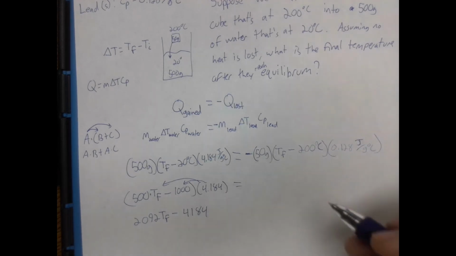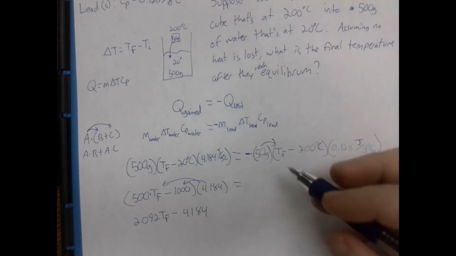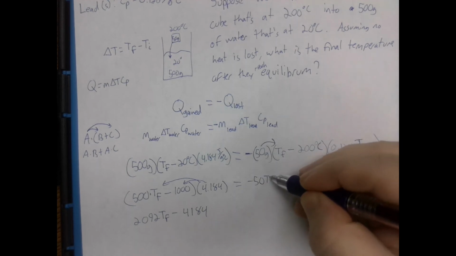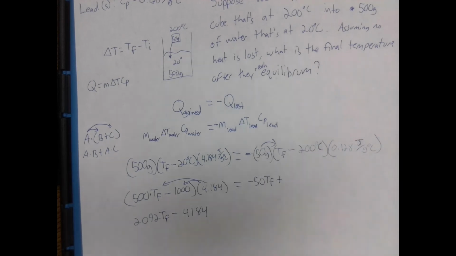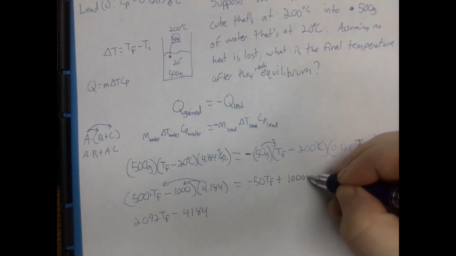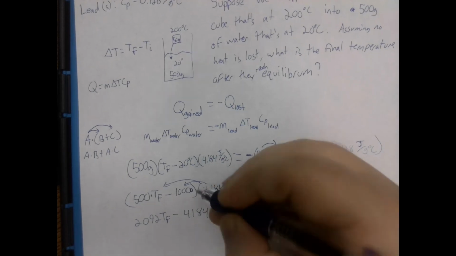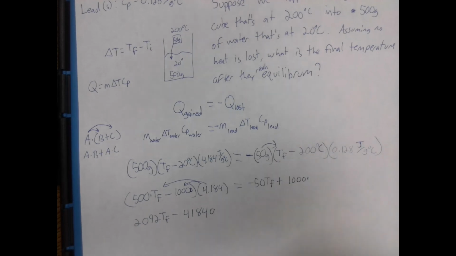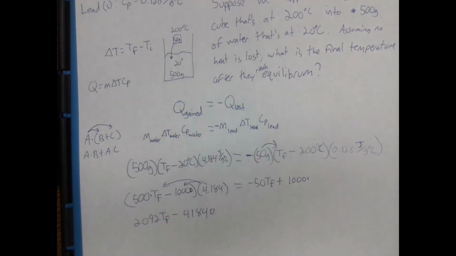And we do the same thing over here. Negative 50 times TF, so we FOIL this over. It's just negative 50 TF. Negative 50 times negative 200 is a positive 10,000. Oh, and this is supposed to be 10,000, okay. 20 times 500 is 10,000.